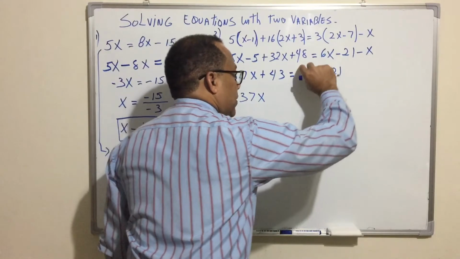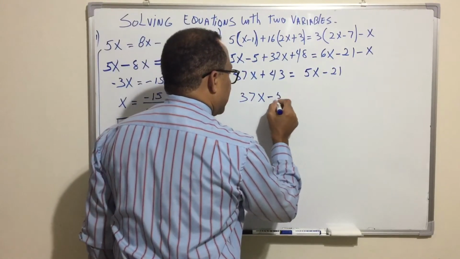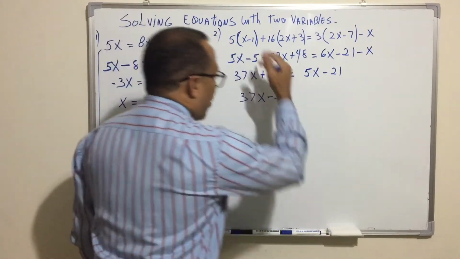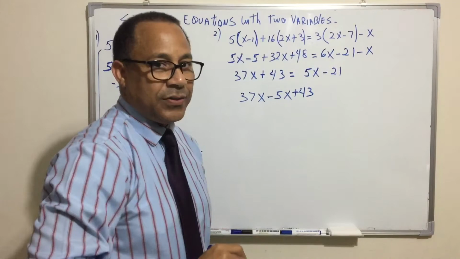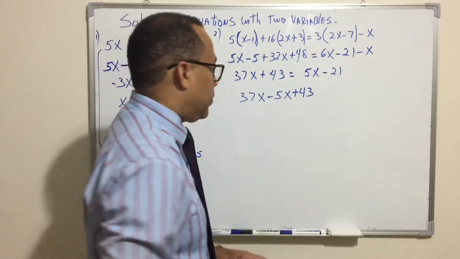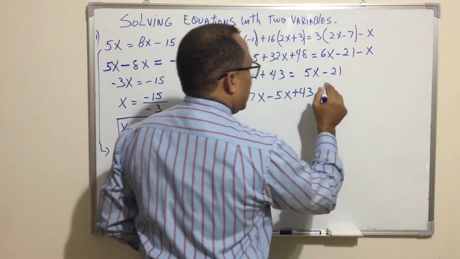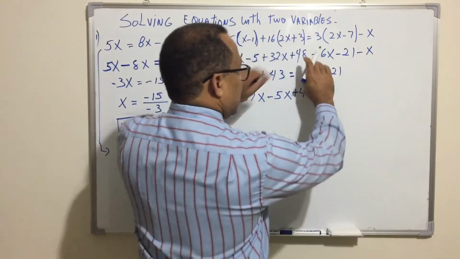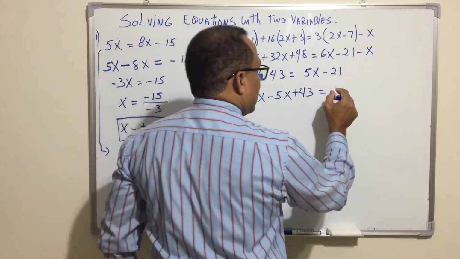So I'm moving this one positive to the left, it becomes negative 5x. And I'll bring down the plus 43 to make it clearer so you can see exactly what's going on here. I'll just bring down the 43 and then equals, since I moved the 5x, it's not there anymore, because I already moved it. So what stays here? The negative 21.